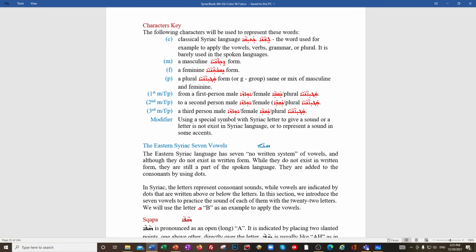At the same time, we did not have the sound of F like Frank in the Eastern Dialect, or the sound of V like Victor. So to make those sounds, we can use existing letters with the modifier, and we can make up those sounds and letters. However, those are not part of the grammar. We're just going to use them to match most of the languages in the world.